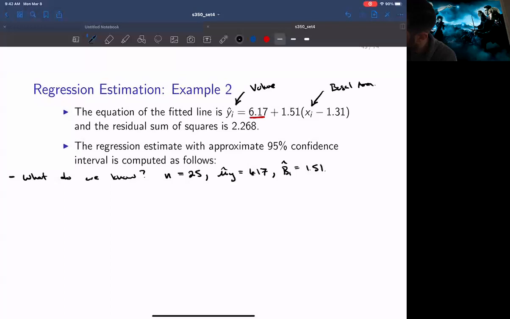And then we know that our estimate of the basal area is going to be 1.31. Each of these terms can be found from the regression equation. We're also told that the residual sum of squares is 2.268. So we also know that the sum of squares of the error term is going to be 2.268.